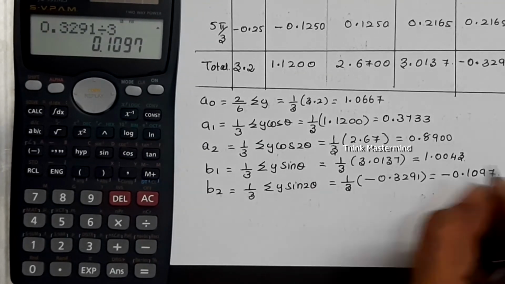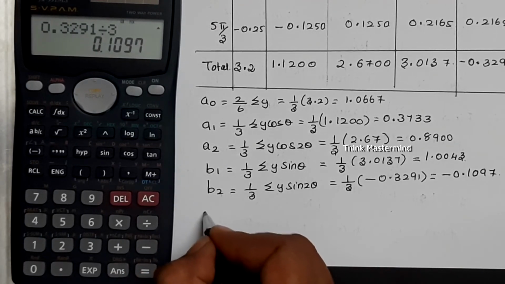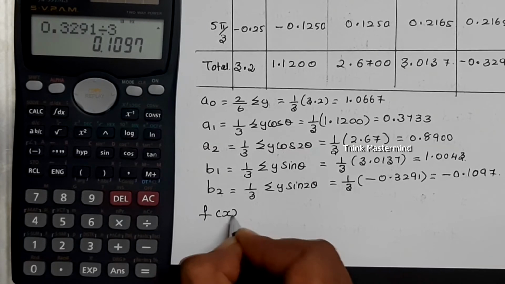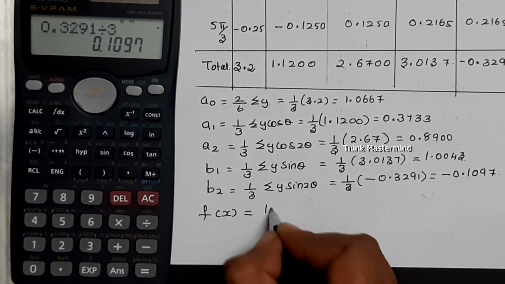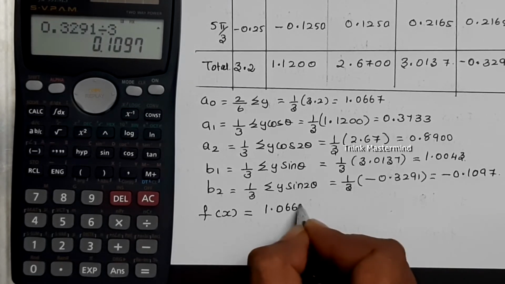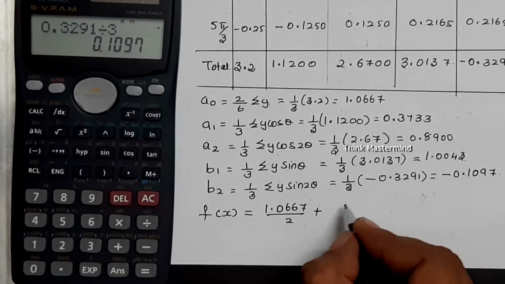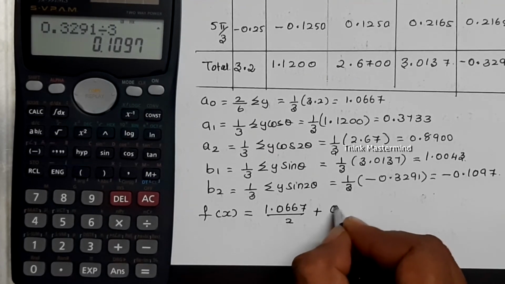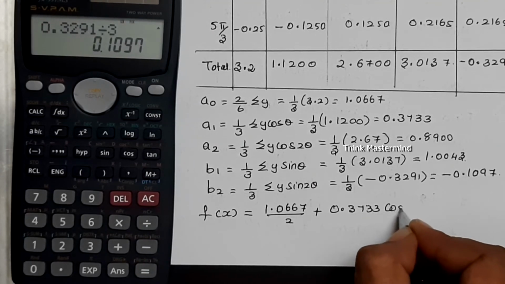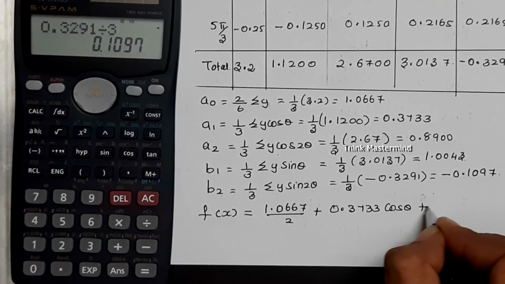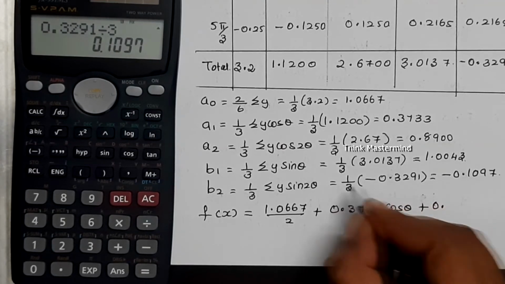So substitute A0, A1, A2, B1, B2 value in Fourier series, that is in first formula f of x is equal to A0 by 2, that is 1.0667 divided by 2 plus A1. What is A1? A1 is 0.3733 cos theta plus A2 is 0. First you write B1.